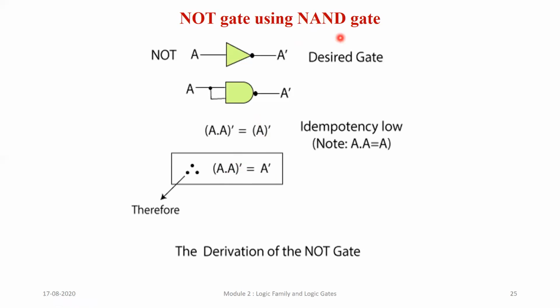Whatever Boolean laws we have studied, we are using those. A NOT gate has 1 input, so when I realize it using NAND, and later using NOR, we give the same input to both. So that's why A dot A, at the output I have A dash. Both inputs are tied together. This is the second practical, in which we will perform all the gates using the universal gates.